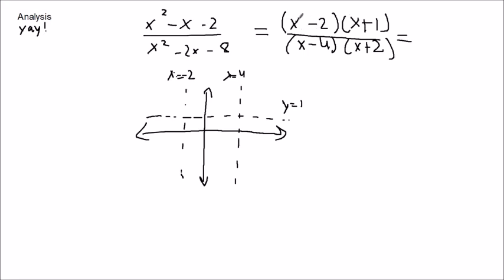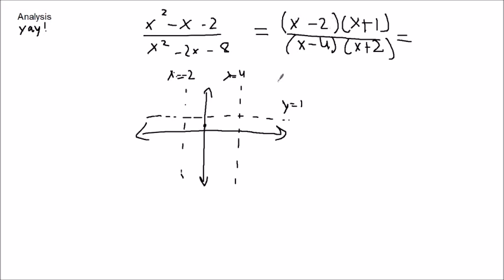So 0 minus 2 times 0 plus 1 is minus 2, over minus 4 times 2, which is minus 8, which will get you 1/4. So 0 will get you 1/4, which is about here. So 0, 1/4. Let's try a bigger number, like 2. 2 minus 2 is 0.